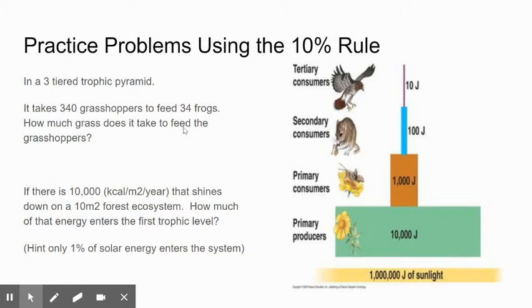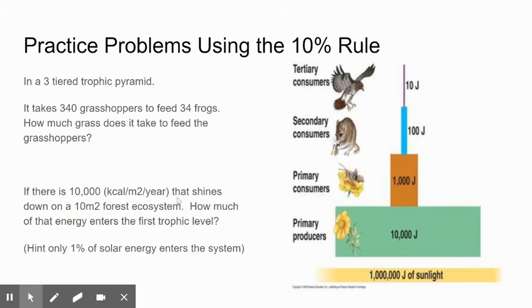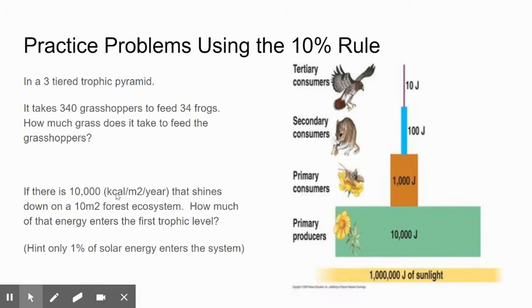Now, in the next one, we're going to give you how much energy is shining in a particular area. Look at this. This is 10,000 kilocalories per meter square per year. This is how dimensional analysis works, and this is how sometimes these questions get tough. So let's pay attention here.